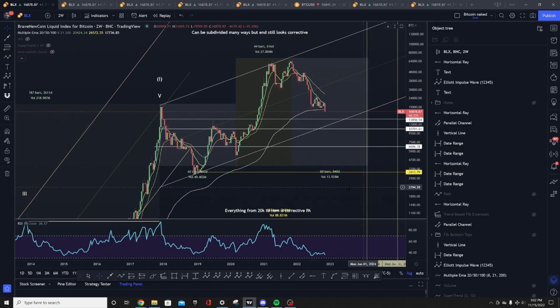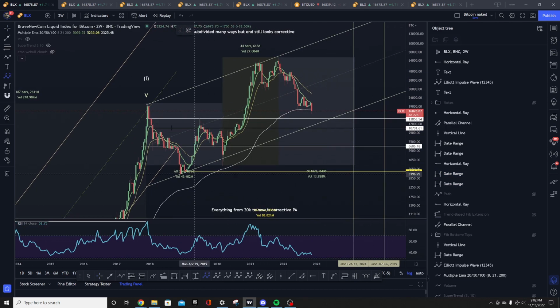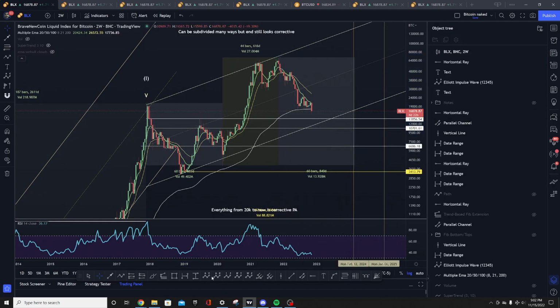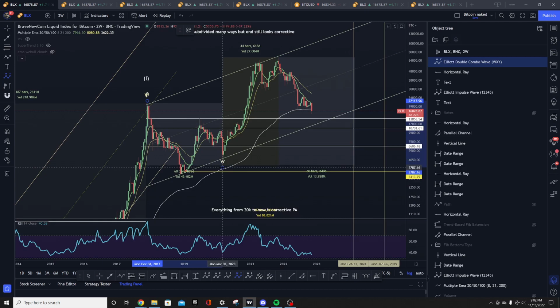If it was like this, where it's A, B, C, A, B, C, A, B, C, something like that, or maybe it's the W, X, and Y. I'm just trying to see some possibilities, but that would be my bullish primary.